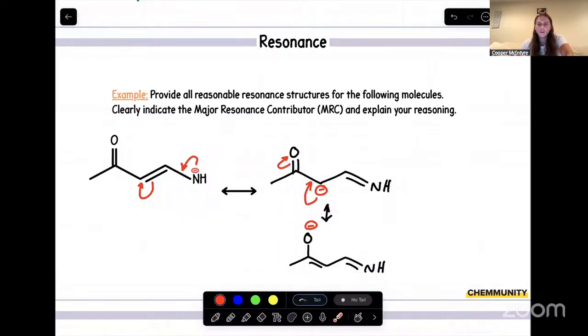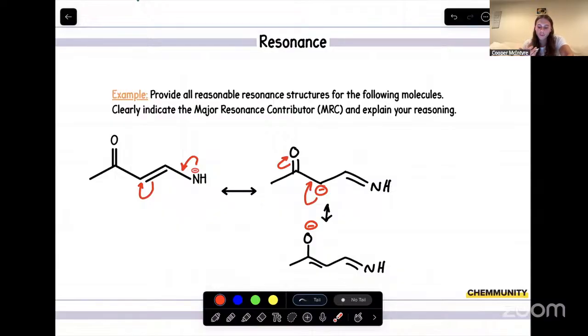And yet again, what we have to do is try to find the major resonance contributor. Now, all of these have the octet, and a lot of the times, whenever you're looking at resonance forms with only negative charges, and you're trying to decipher which one is the major resonance contributor, a lot of the times it'll fall back onto electronegativity.